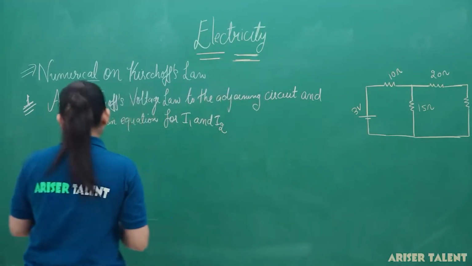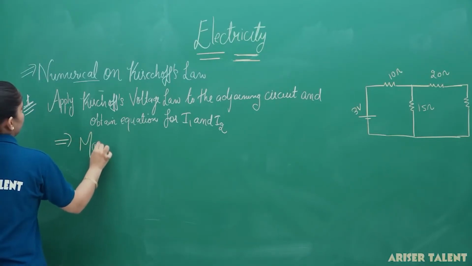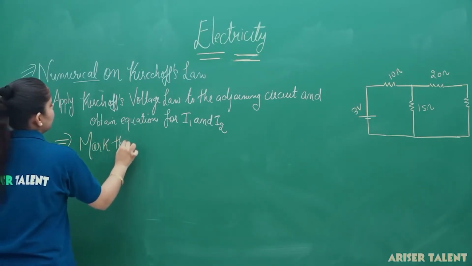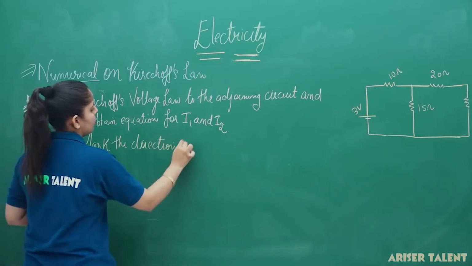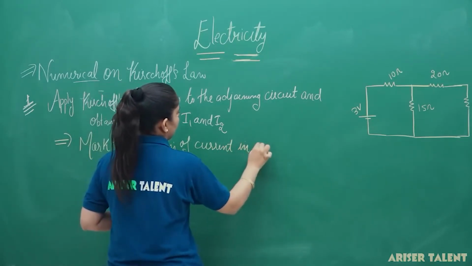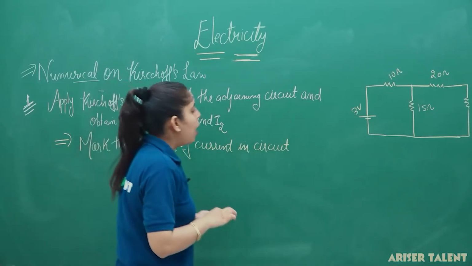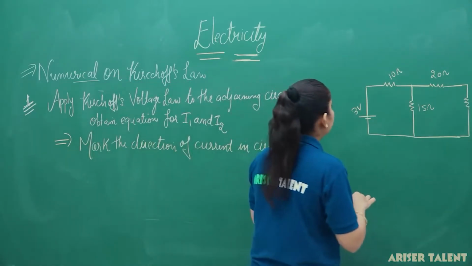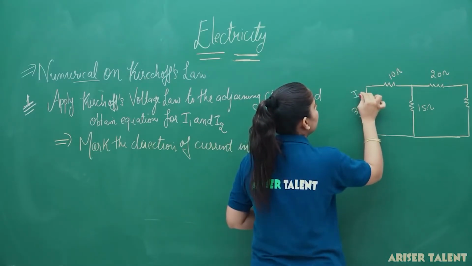So, the first step we are doing is to mark the direction of current in the circuit. How can I mark the direction of the current in the circuit? This is our battery. Suppose I am assuming that the current I1 is flowing through it.